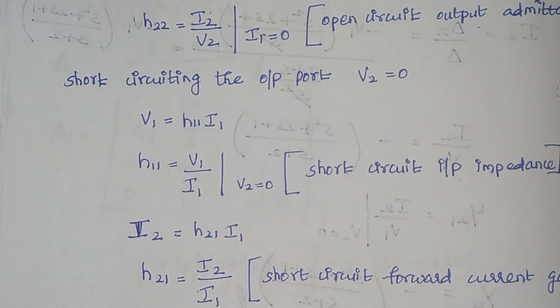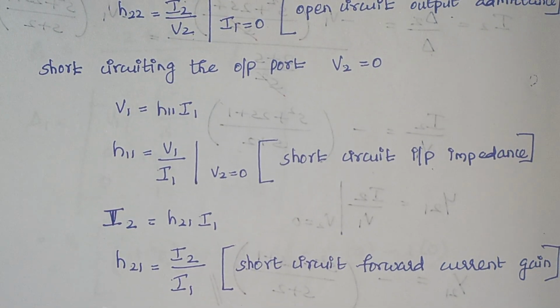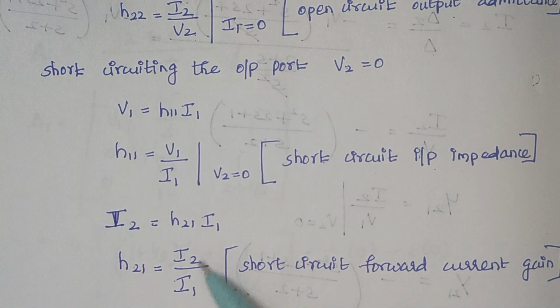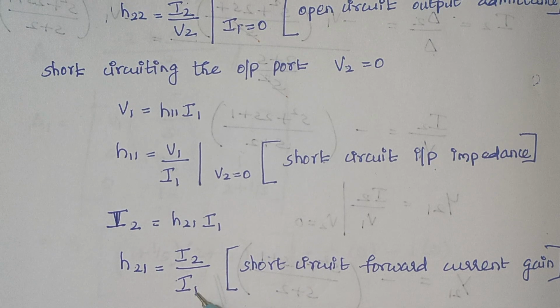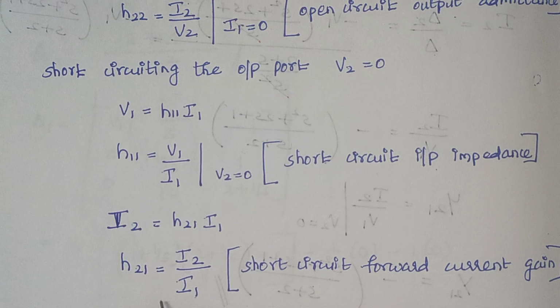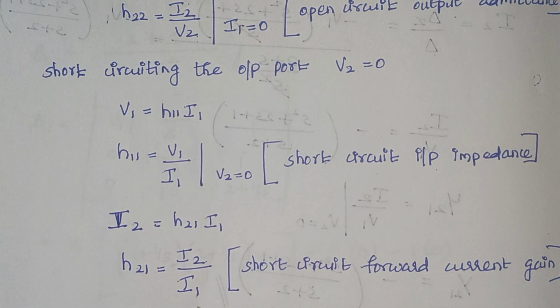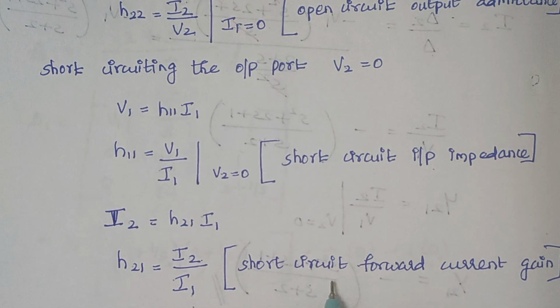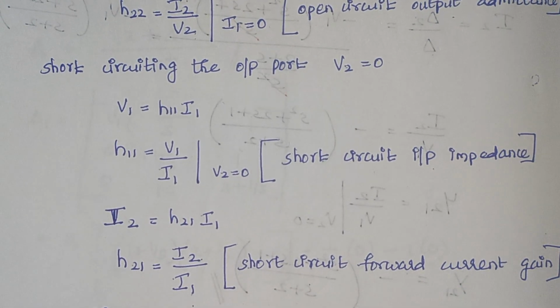Therefore, H21 is given by I2 by I1. Again, the ratio between the currents is known as current gain. Here this is obtained by short circuit, and the ratio is of the output current to the input current. So this is known as short circuit forward current gain.